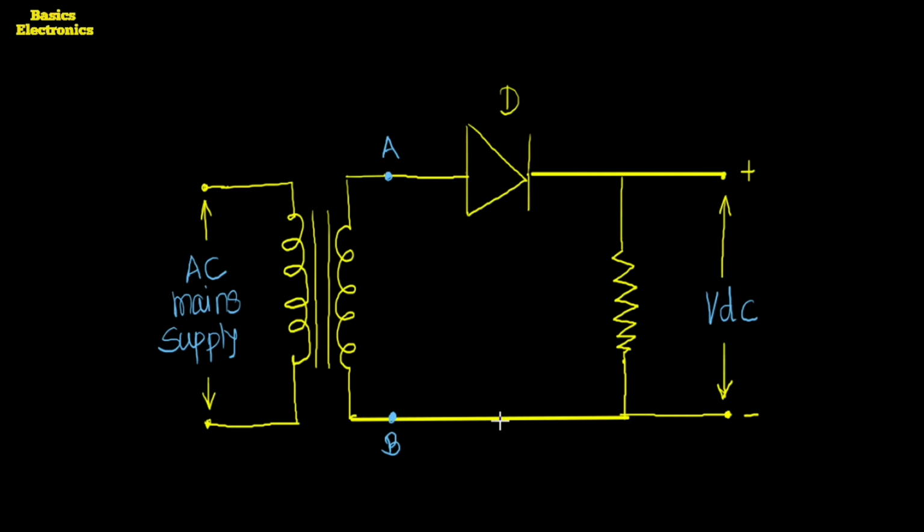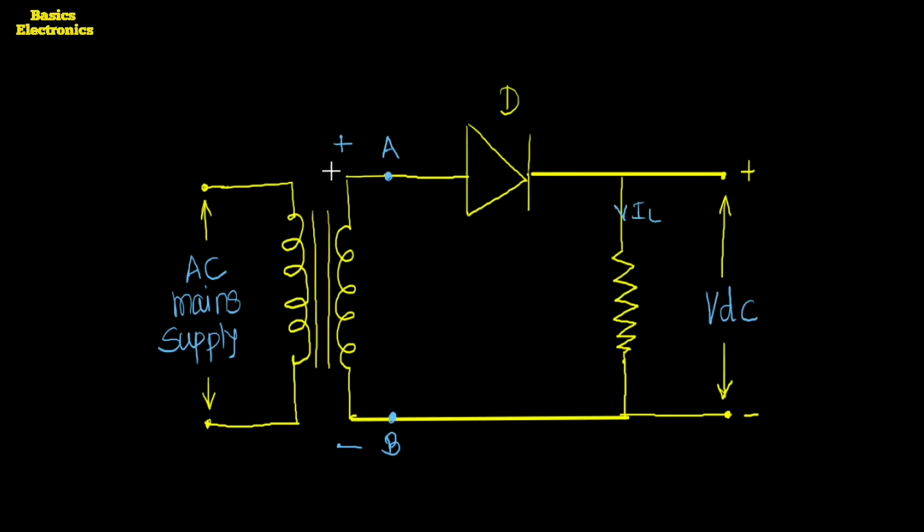If there is a positive half cycle, then the upper terminal A is positive and the lower terminal B is negative. During this positive half cycle, the diode gets forward biased and current starts flowing through the load resistor RL. That current we call the load current.